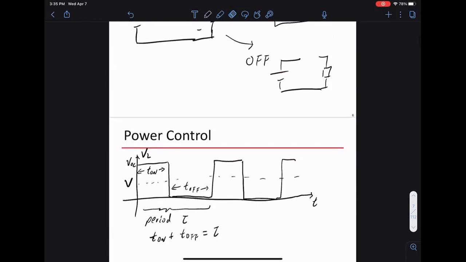Then what is my average voltage as a function of VDC? It's not directly over 2. T on is not necessarily equal to T off. It's not that you're on and off each half the time. So can we write V average as some function of VDC? What is the term in front of this VDC?